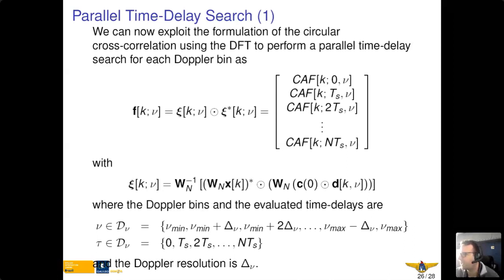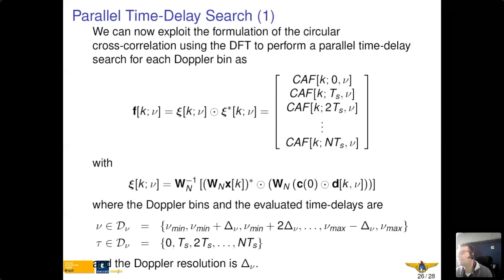If you want to translate, you can directly translate this line into code in a program. So you have the inverse DFT represented here by this inverse DFT matrix. Then we have the DFT of the incoming signal at time instant k or period k. We take the conjugate of that.